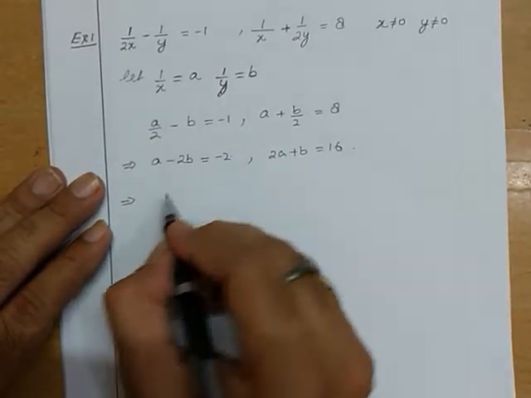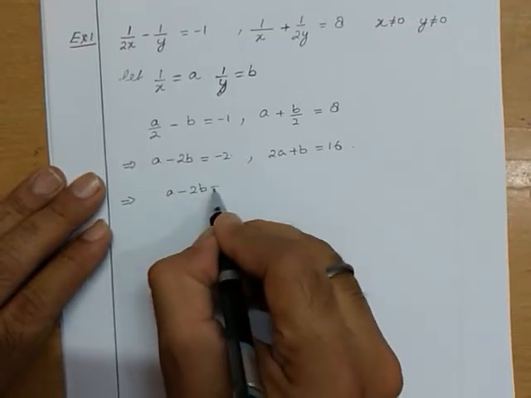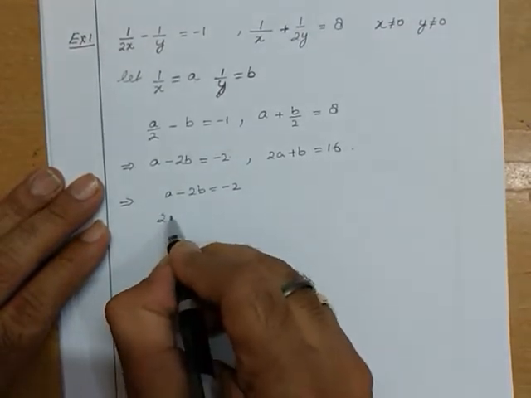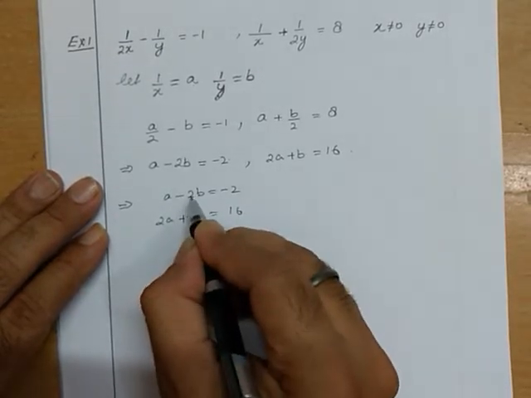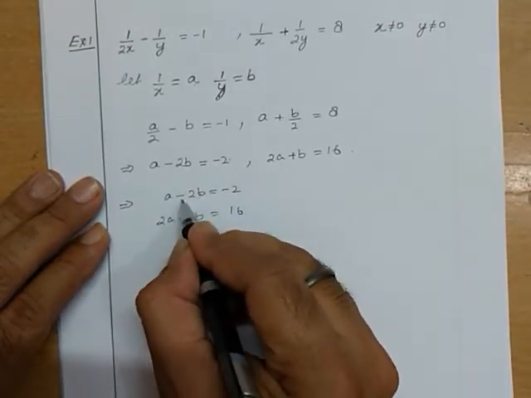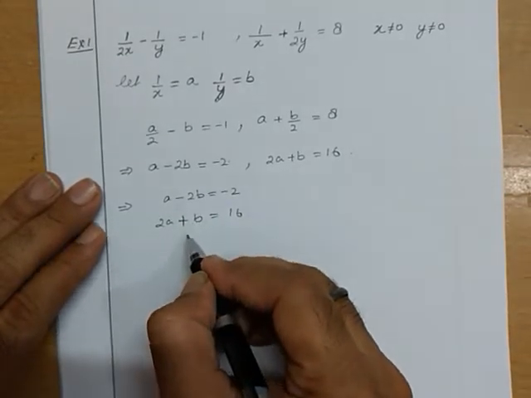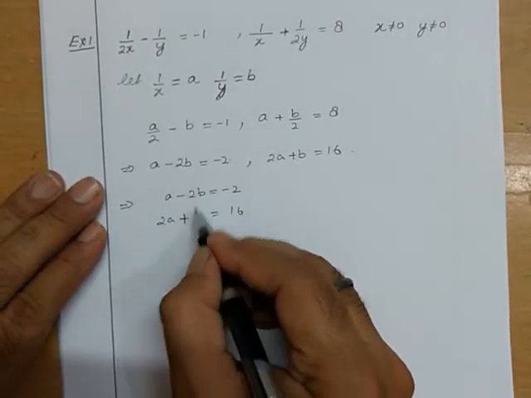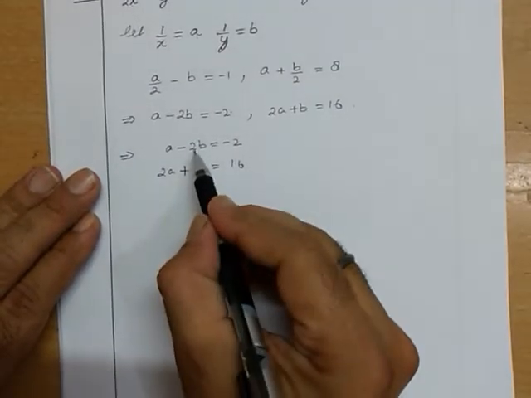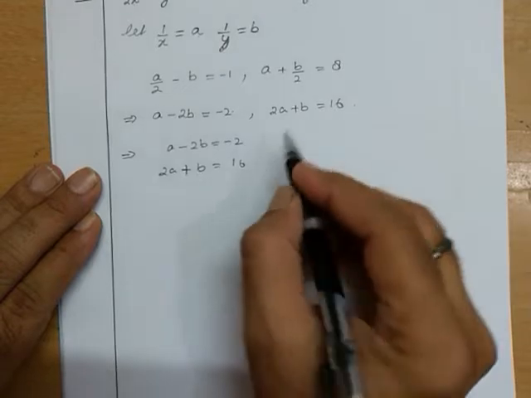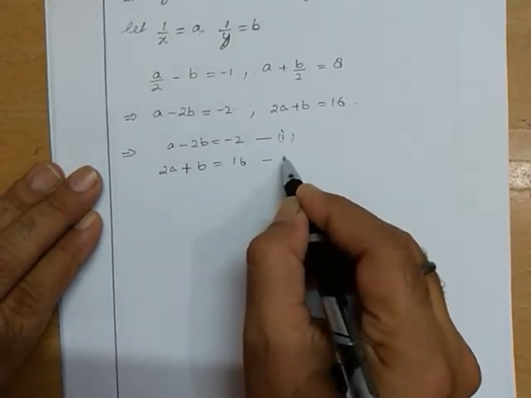Now here you see this minus 2b, and here it is plus b. So it will be very easy if we make the coefficient of b the same. So here we will multiply equation number 1 by 1 and equation number 2 by 2.